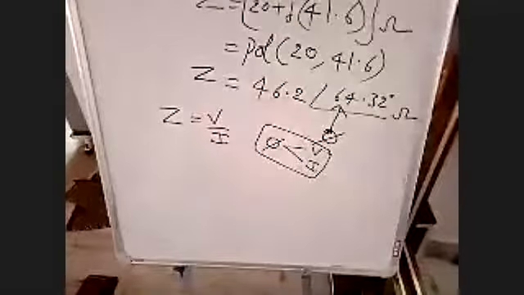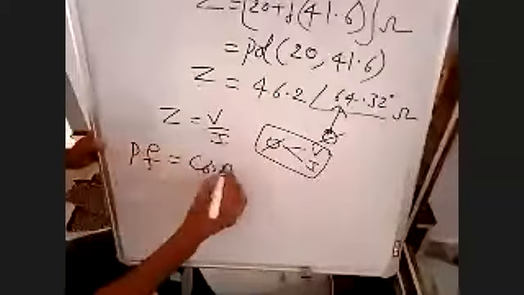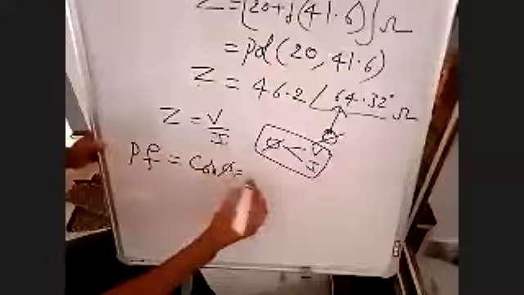Now I will determine the power factor. Power factor is equal to cos phi, cos 64.32, which is 0.43. Is it lagging or leading? Lagging. Why is it lagging?